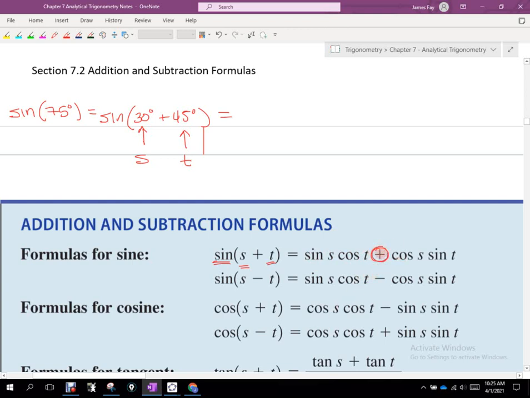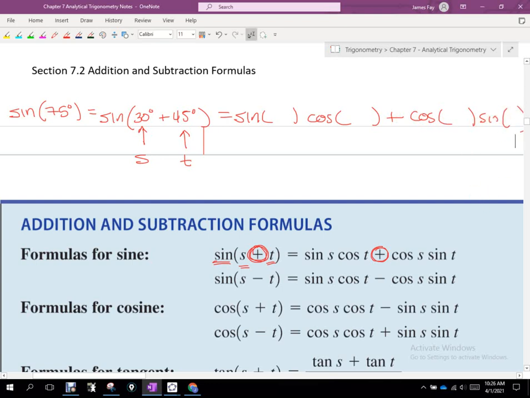And I say sine "sign" because that sign right there is going to be the same as that sign right there. Okay? So sine, cosine, sine, cosine, sine. Does that make sense? So I'm going to write sine, cosine, sine, cosine, sine. I'll leave my arguments open right now.